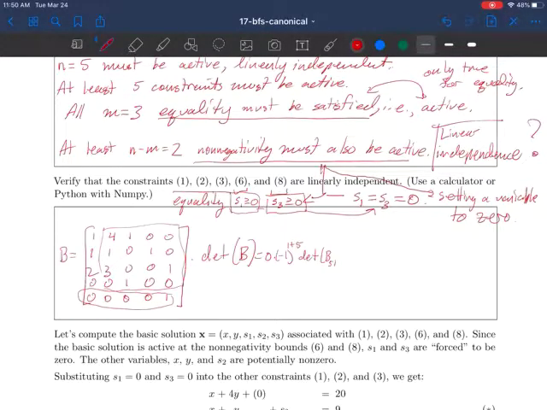I'll call that B5-1 to indicate that I've eliminated the fifth row and the first column. Okay, but that's just 0 times that, so that's going to zero out, and that's going to be true for all these 0 components because I'd have to continue and say it's 0 times -1 to the 2 plus 5 power, but it's 0 times things, so it's going to zero it out.